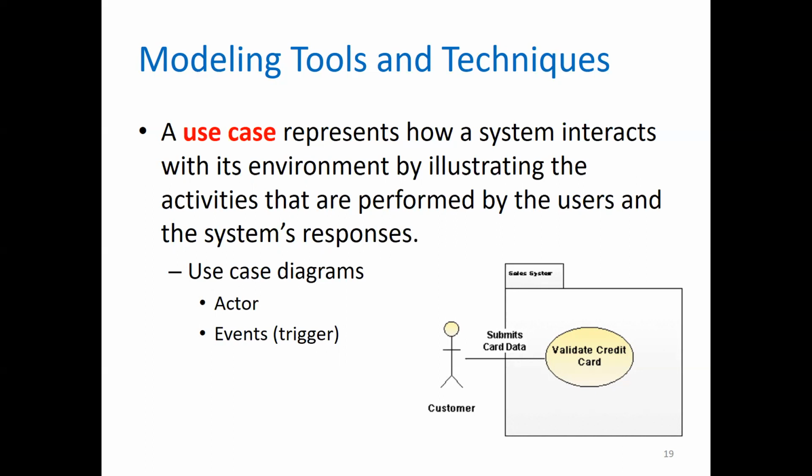In simple terms, it is a representation of how the system interacts when activities are performed by a user. You have two notations in use case: an actor, and events or trigger. Events and trigger mean the same thing.